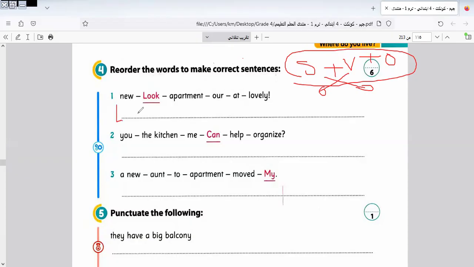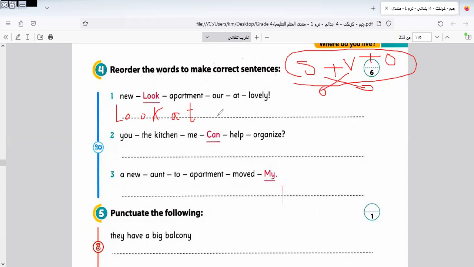Here, let's answer the first sentence. Look, it would be: look at our lovely new apartment.